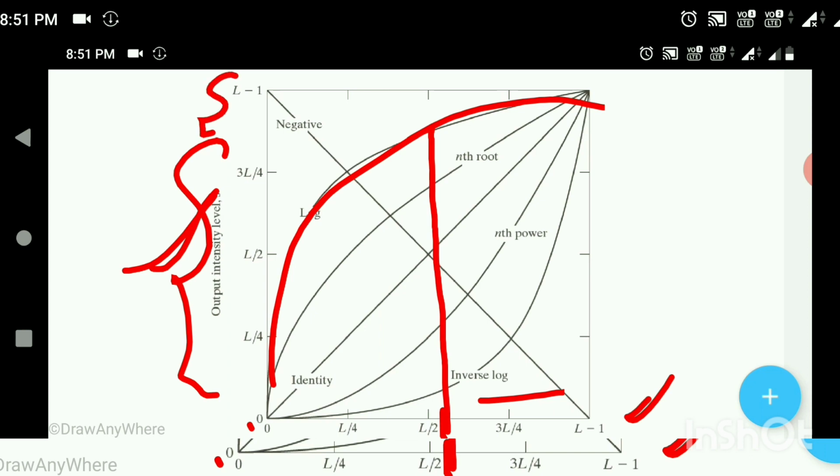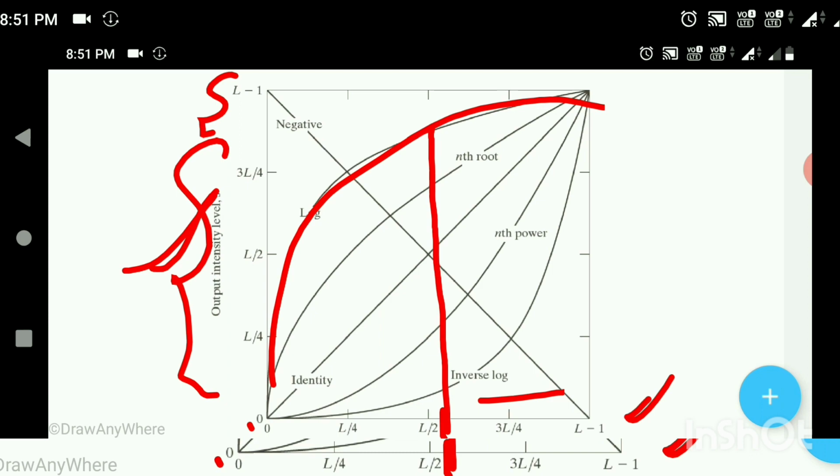This means the shape of the log curve maps a narrow range of low intensity values in the input into a wider range of output. The opposite is true for the higher values of the input.